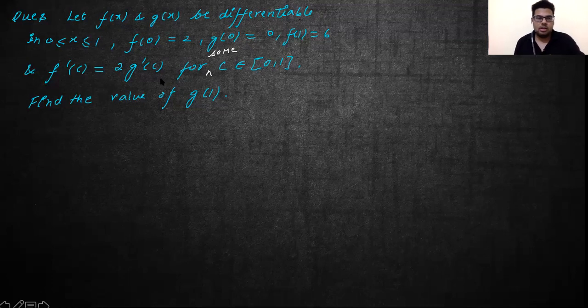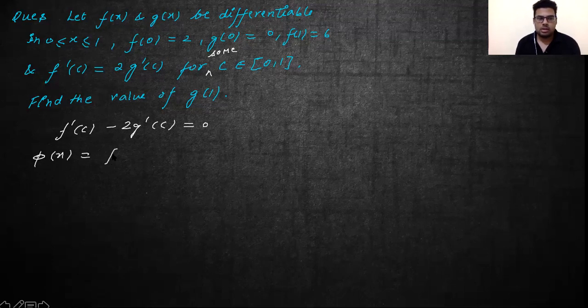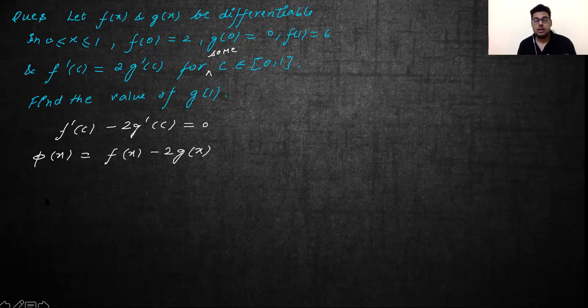So from here we can get a little idea that we can write this down as f dash c minus 2 times g dash c equals 0. So if we assume a function, let us say phi of x equals f of x minus 2 times g of x, clearly we have phi dash c equals 0 for some c belongs to 0 to 1.